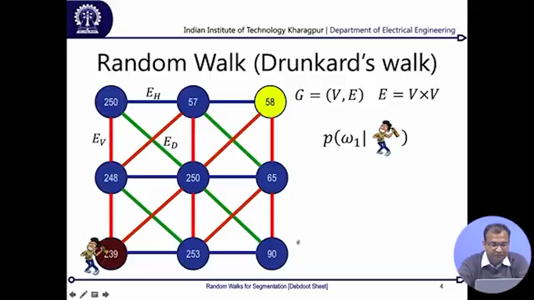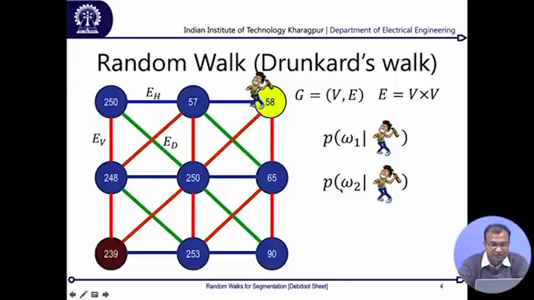Okay. So, the other point where he would like to reach is this yellow class, that is the only other point which he can reach. So, one way is he can go along this particular way, there can be multiple ways, he can go straight, he can go this and come like this. So, together with all of those, you will have another probability of this drunken guy going down to another class called omega 2.